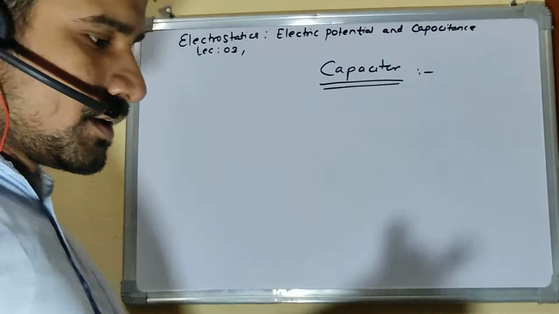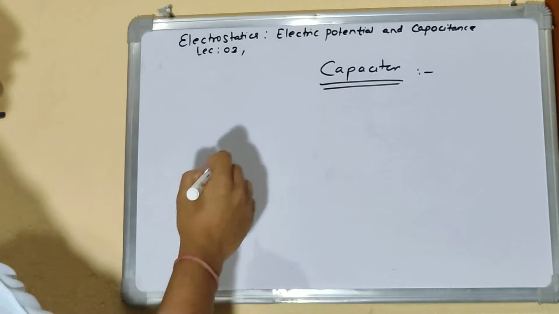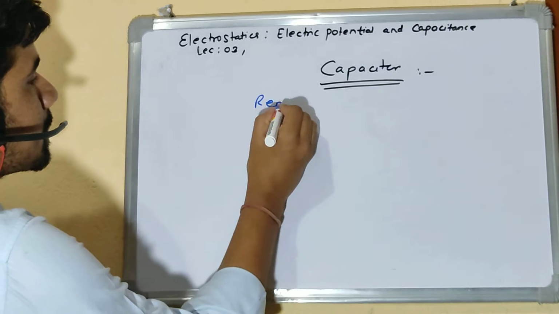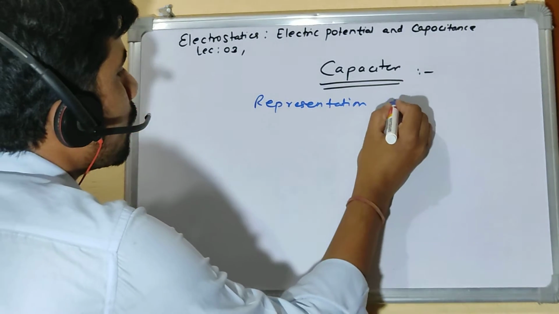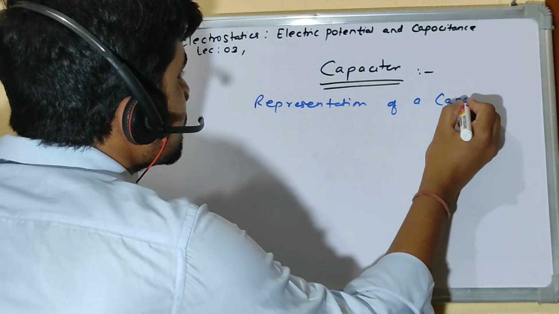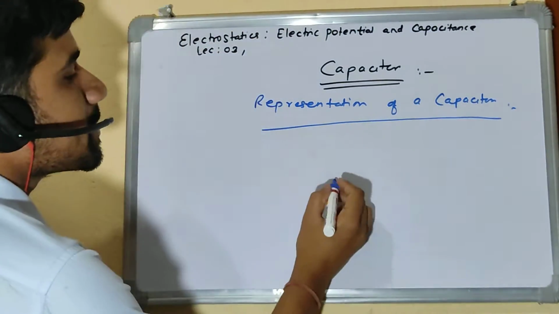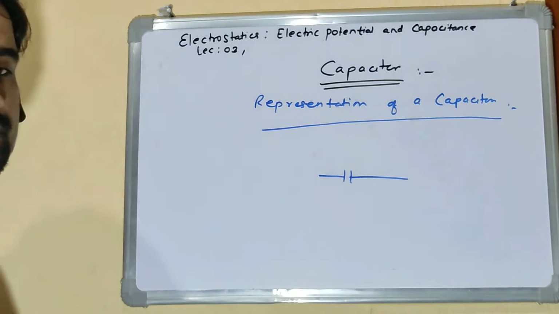Let's say this is a capacitor, two conductors. Before doing that, let's see the representation of a capacitor.